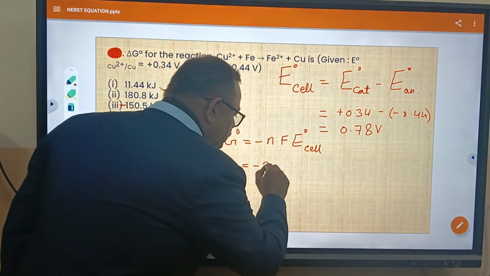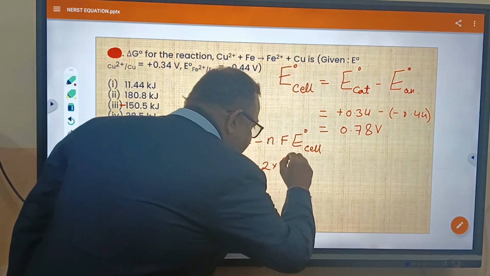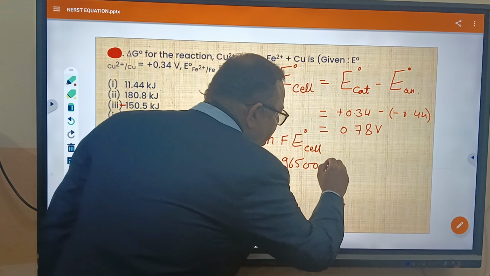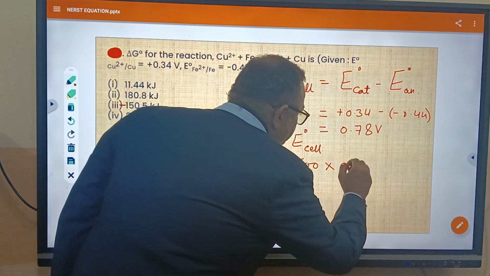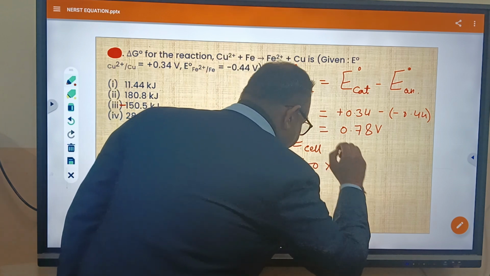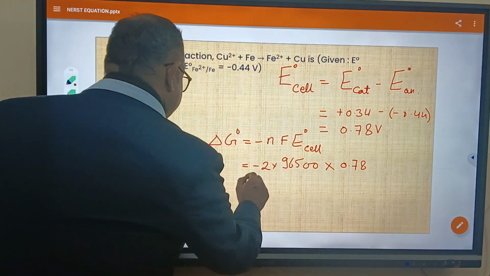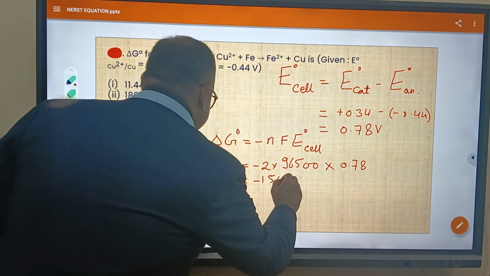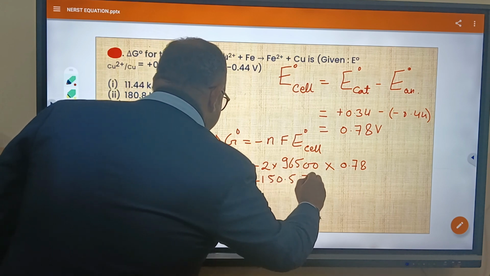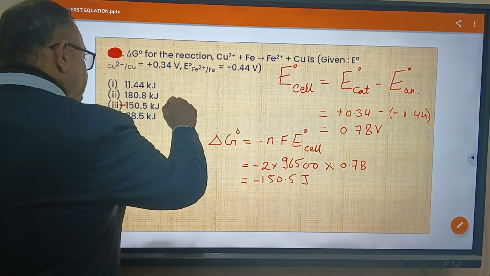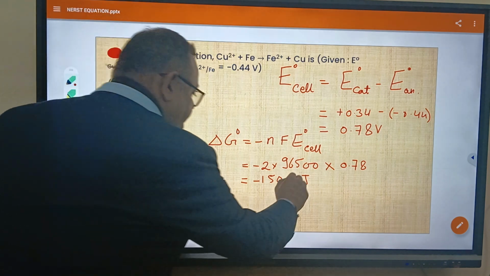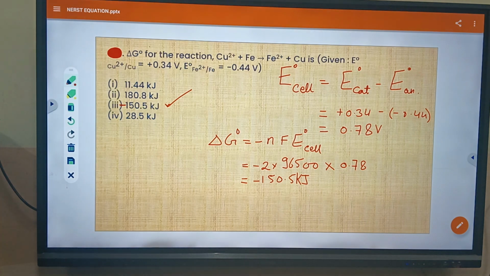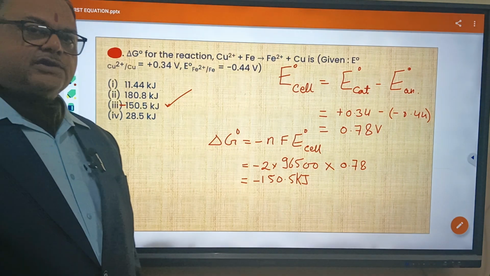So minus 2 multiplied by Faraday's constant 96500 multiplied by 0.78. On solving this, we get the answer as minus 150.5 kilojoule, which is the correct answer. Sorry, it is kilojoule. I hope this is understood, children.